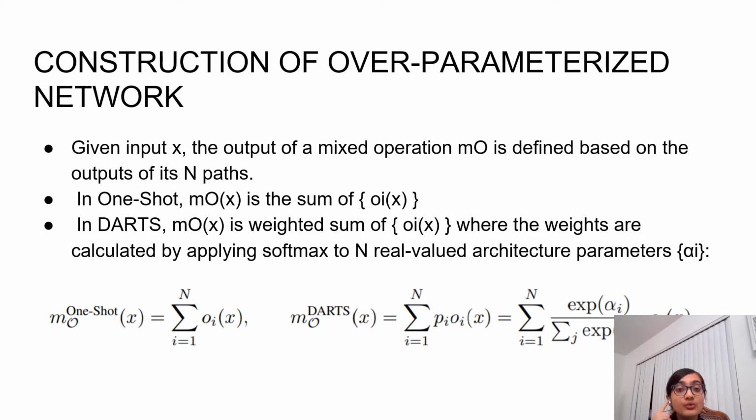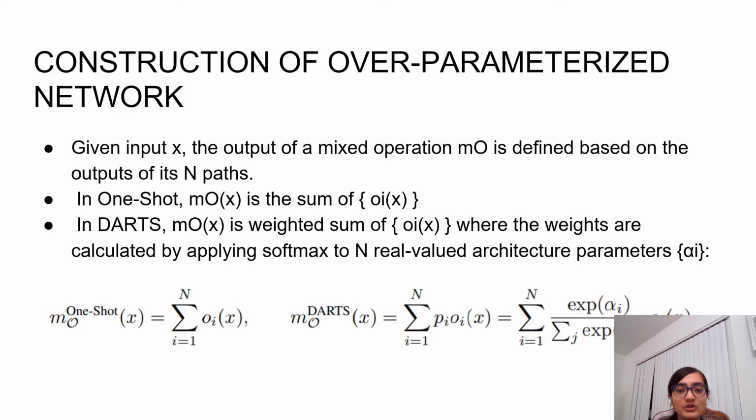In darts, you find the weighted sum of O of I. So in order to calculate the weighted sum, we calculate the weight based on the real value architecture parameter, that is sigma of I, which is expressed as MO of darts of X, is equal to 1 to n, where the real value architecture parameters are being considered along with the primitive operations.